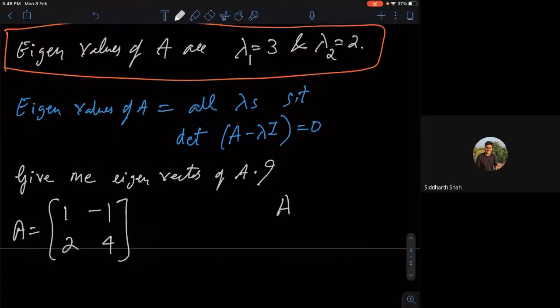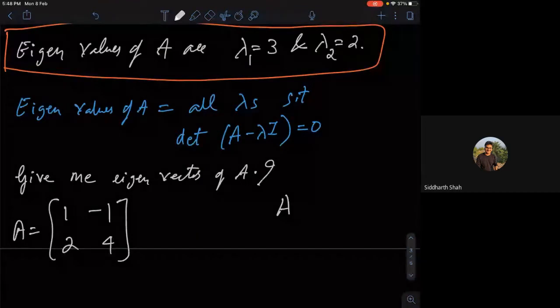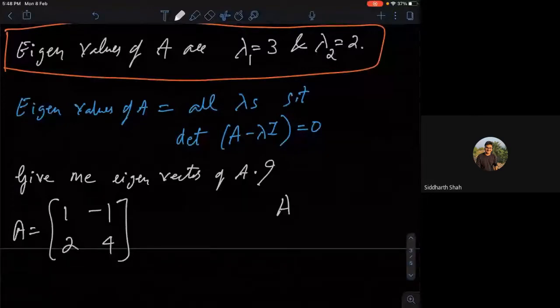In books, eigenvalues are denoted by lambda, and lambda 1 usually represents the largest eigenvalue, lambda 2 the second largest, lambda 3 the third largest, etc. That's the standard usage. So we will also follow that: lambda 1 is equal to 3 and lambda 2 is equal to 2.